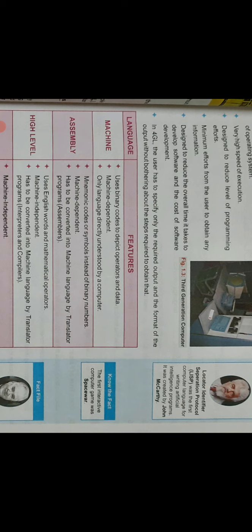So, what are the differences? Number 1, interpreter converts line by line, but compiler converts the complete file at a time.